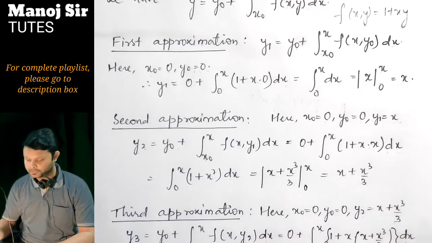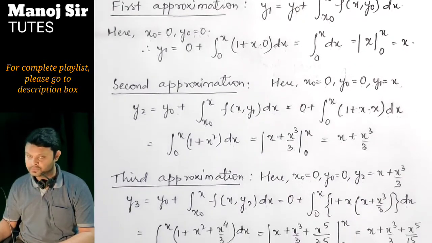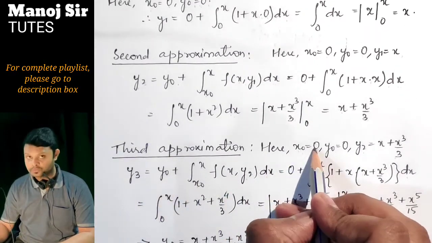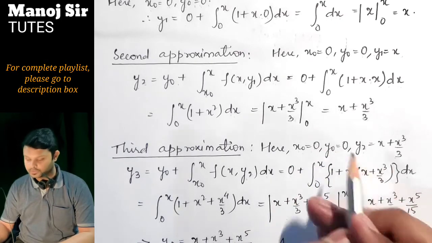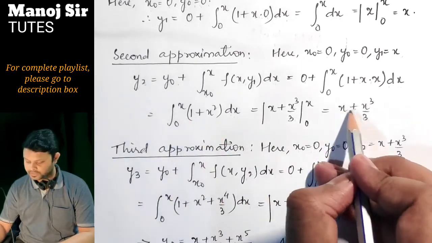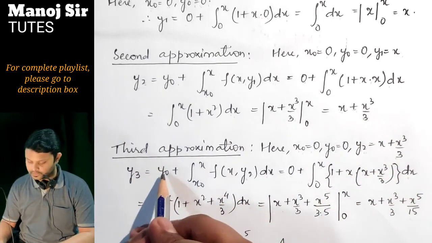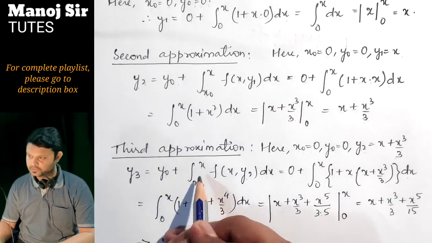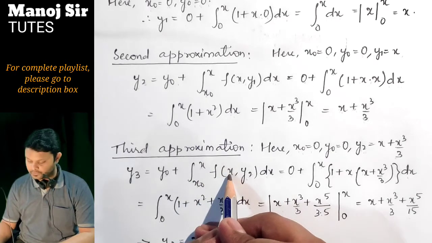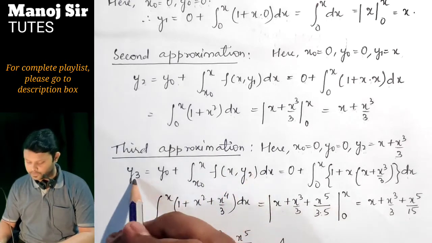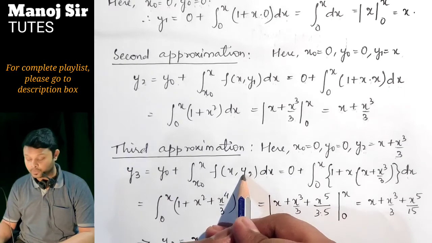Now we will go for the third approximation. For the third approximation, we have x naught equals 0, y naught equals 0, and y2, that is x plus x cube upon 3. These three things we have. So y3 equals y naught plus the integral from x naught to x of f(x, y2) dx. Here we are finding y3, so we need to write y2.